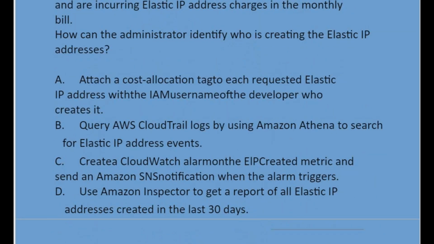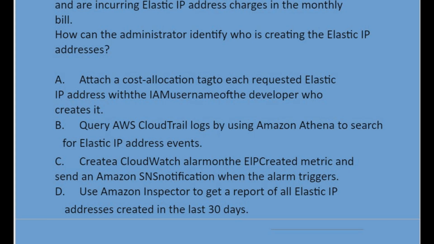Option A. Attach a cost allocation tag to each requested Elastic IP address with the IAM username of the developer who creates it. Option B. Query AWS CloudTrail logs by using Amazon Athena to search for Elastic IP address events.